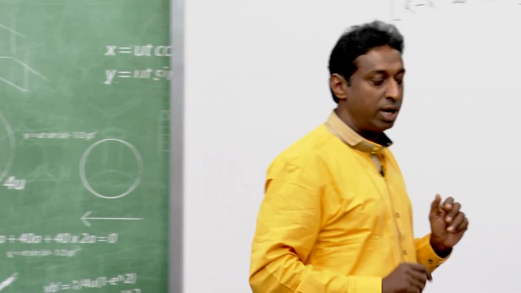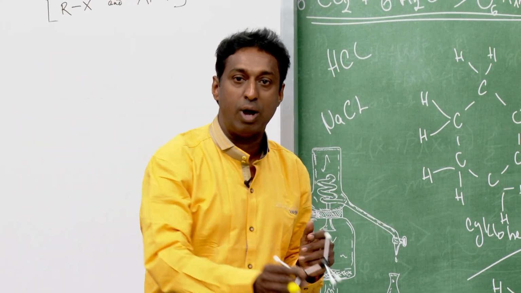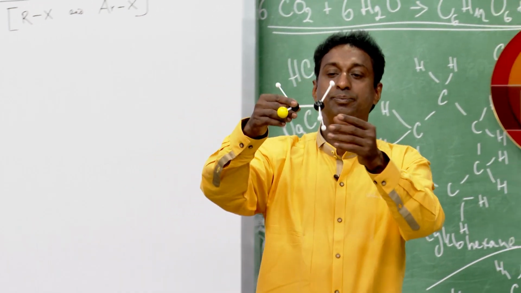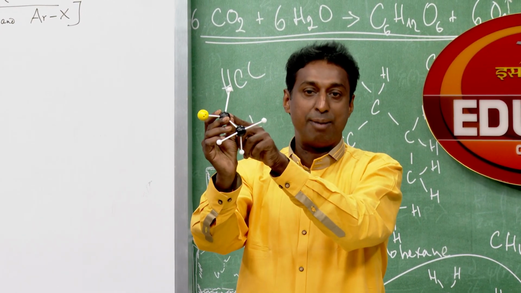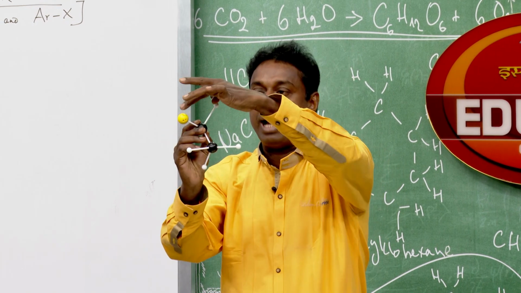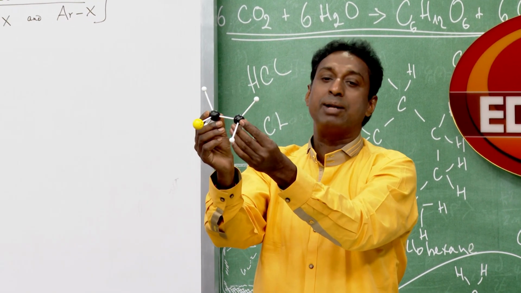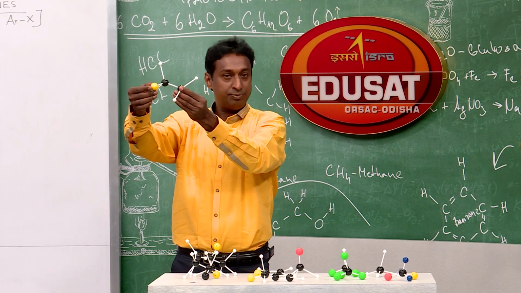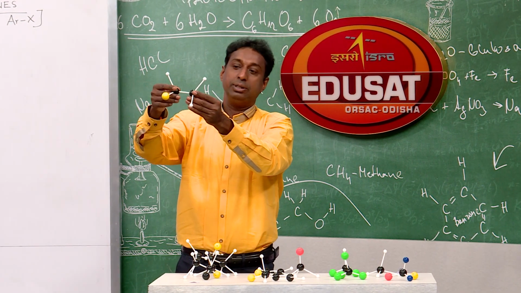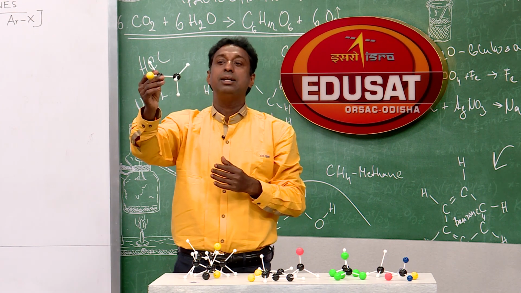Look at this first one, primary. This one is primary, you see it, this is a primary carbon, because this carbon is sp3 hybridized. To that carbon you have halogen and then there is one more carbon. So, one carbon to which X is attached and then the next carbon. This is called primary alkyl halide.